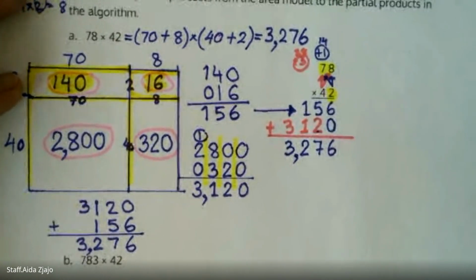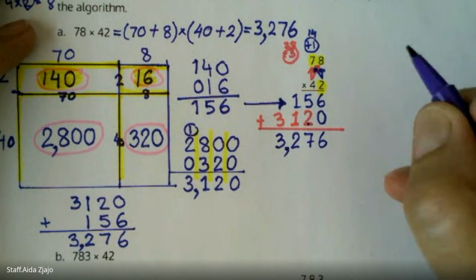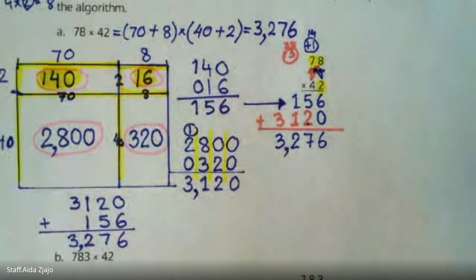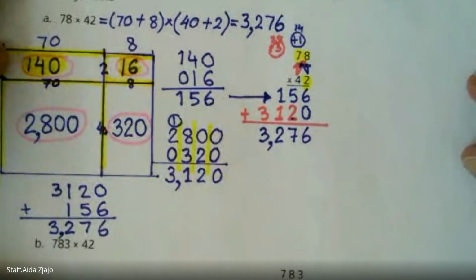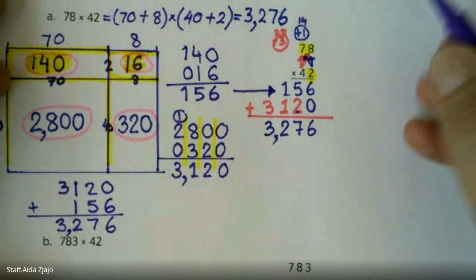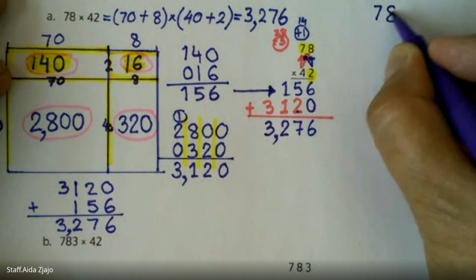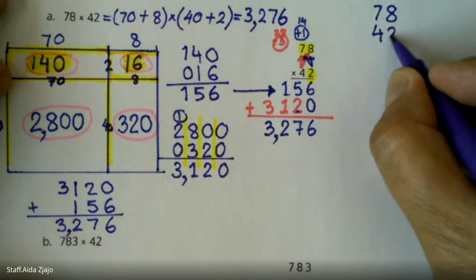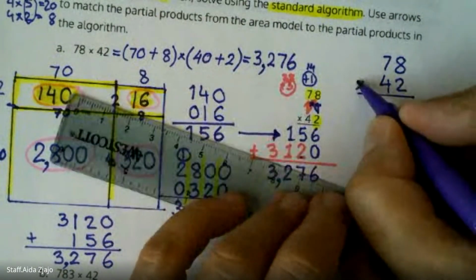On the test, sometimes you should see that people use different partial parts. So I wanted to explain to you so you don't get confused. What if I do again 78 times 42, and I'm going to find a partial product.